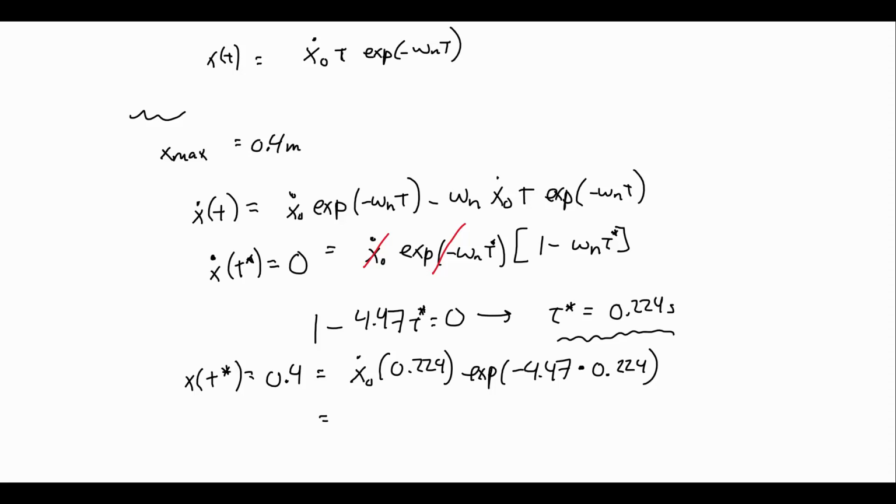So the only thing I don't know in this expression now is my value of x naught dot. So I can solve for what that initial velocity must be for that to be the maximum position that I achieve. So solving this, x naught dot is 4.86. And I'm in base units, so meters per second.